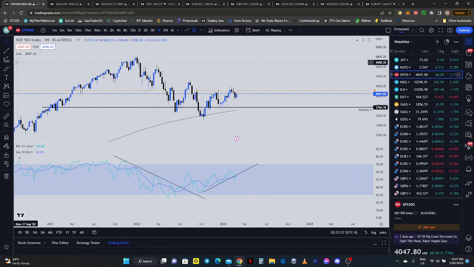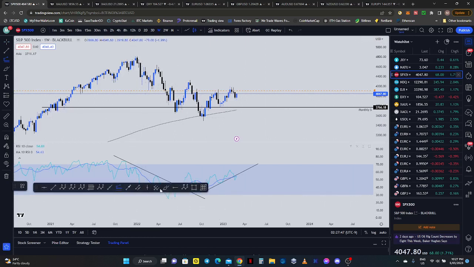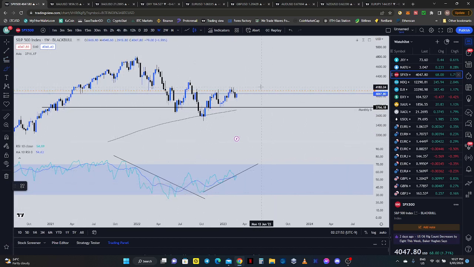You know, we've got a correction in here, right? We got the three waves, however you want to count it. I do use a little bit of Elliott wave on the higher time frames because it is more reliable. The lower time frames, they mess around more, and you can get a lot of shenanigans and things that will throw you off.